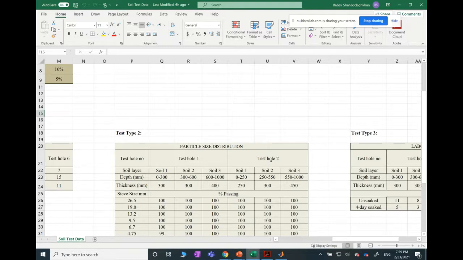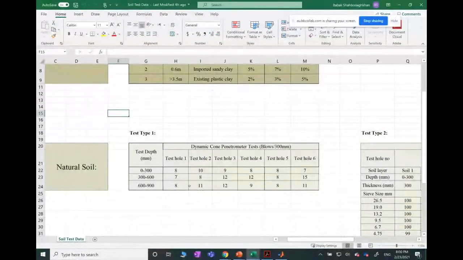Basically, test holes of test type 2 and 3 are from the test type 1 location. Yes, as I mentioned, for example, in test 1, I wrote borehole 1.